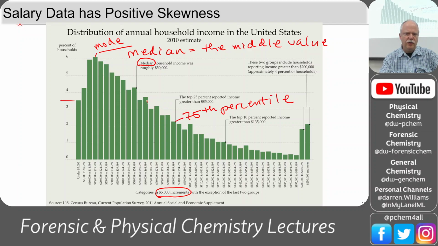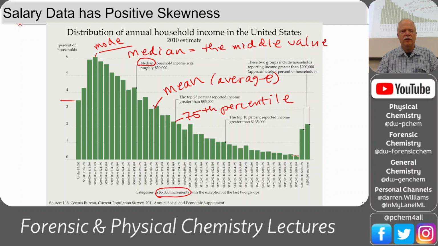So somewhere in here is the mean. Okay, we'll just say that the mean is right here. And the average in skewed data is always misleading to some degree.